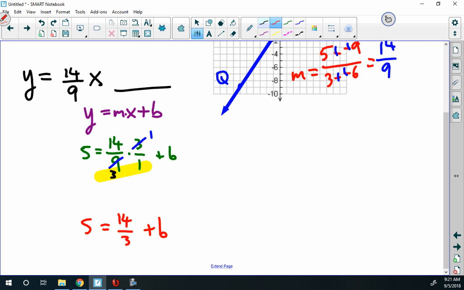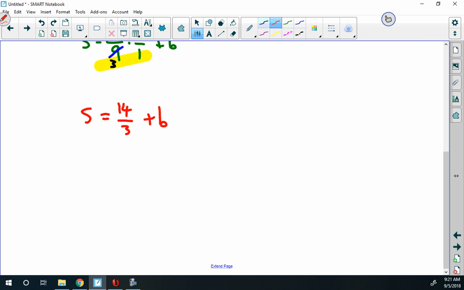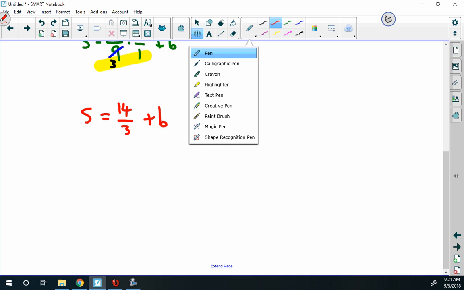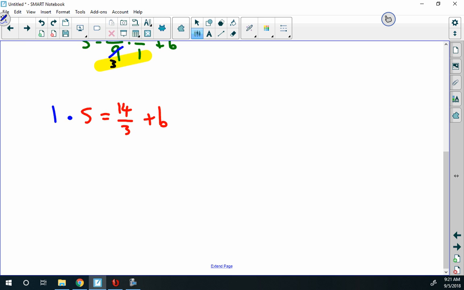Now, Houston, I have a problem. 5 is written as a whole number, and 14/3 is written as a fraction in terms of thirds. Wouldn't it be nice if I could change 5 into a certain number of thirds? Oh, I can, if I understand the multiplicative identity. I'm going to multiply 5 by the number 1, but it's not going to look like the number 1.